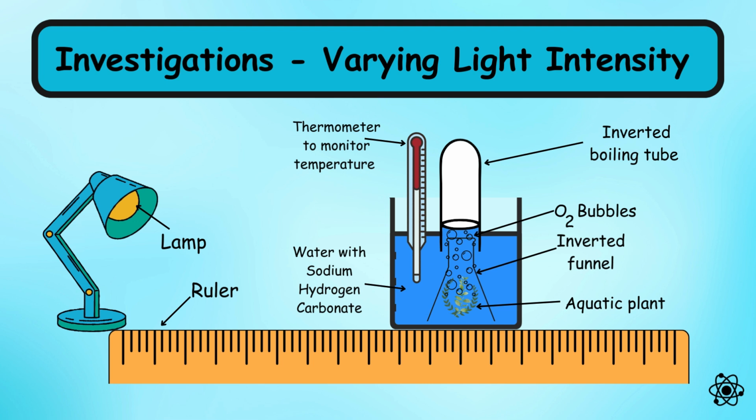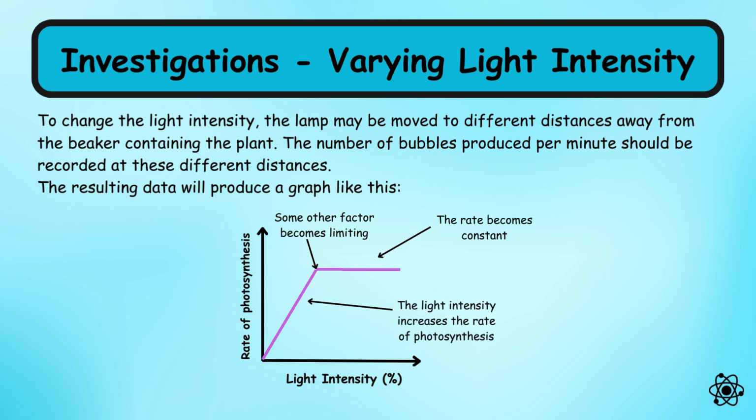A thermometer is used to monitor the temperature of the solution. A lamp is placed near the beaker, and with the help of a ruler, it should be placed at different distances from the beaker. The rate of photosynthesis must be calculated. The resulting data will produce a graph like this.